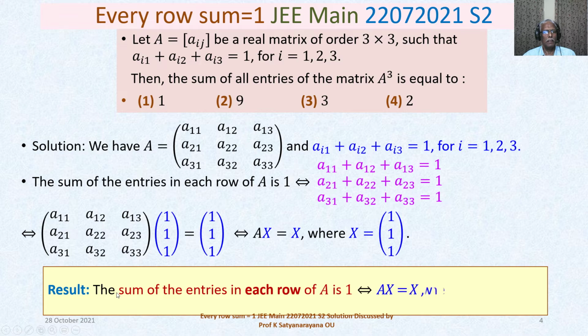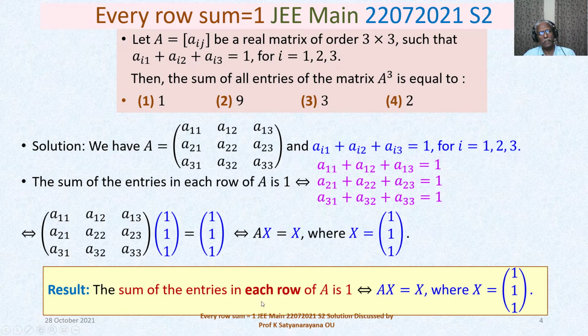The result is: the sum of the entries in each row of the matrix A is 1 if and only if Ax is equal to x, where x is the column vector 1, 1, 1. If the sum of the entries in each row of A is 1, this happens when Ax is equal to x, and conversely.